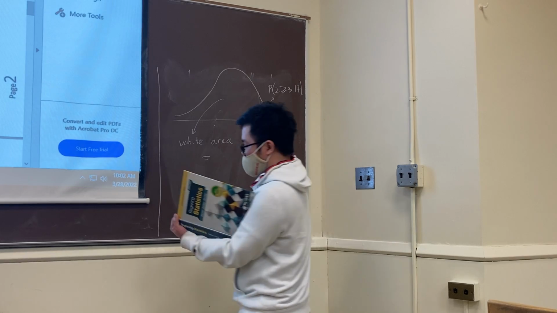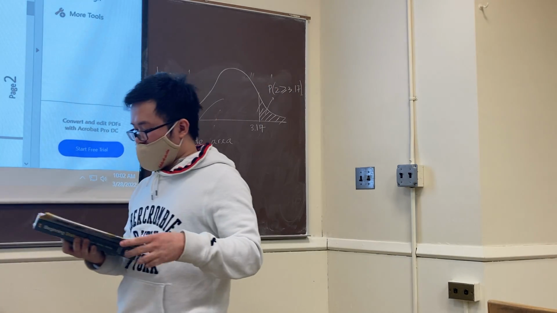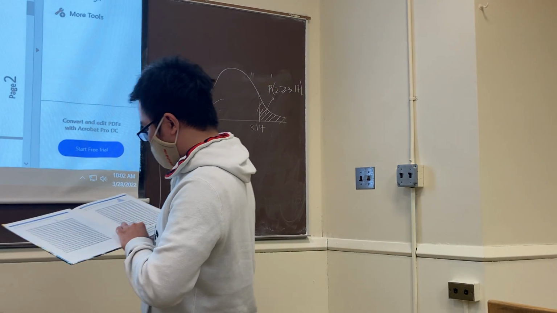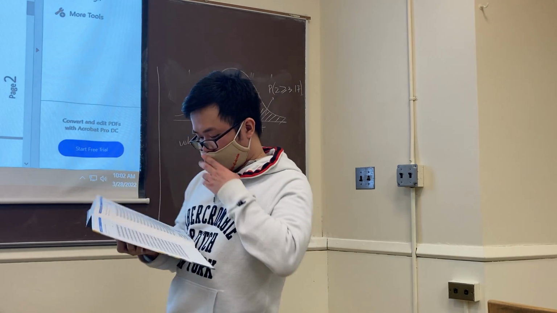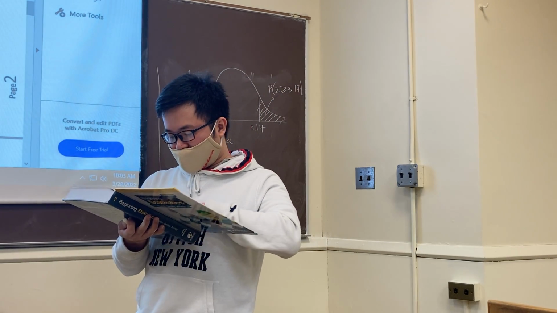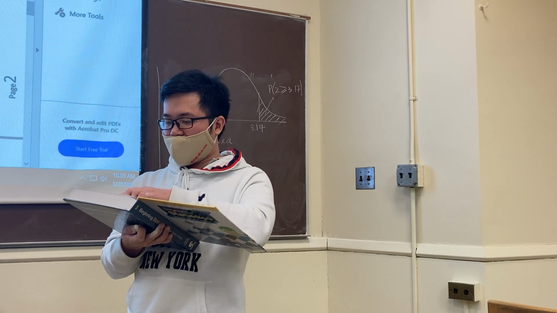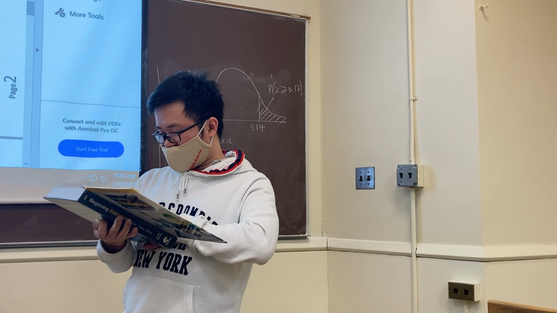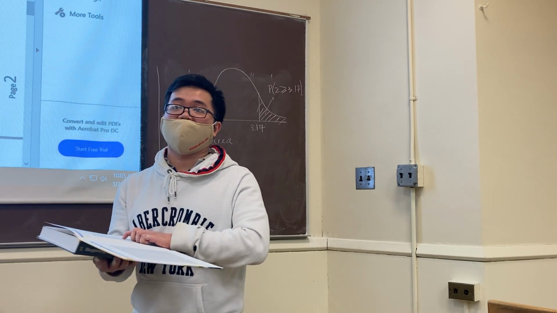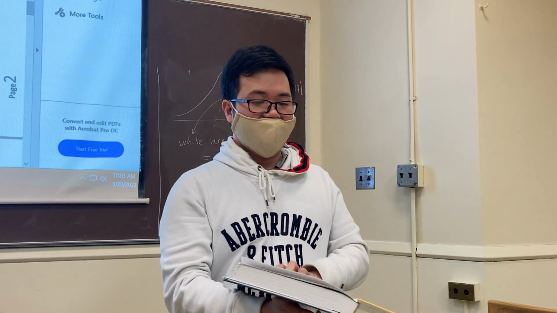So you will check the table and find 3.1 and 7. Anybody tell me what is the value of these areas? You don't have the table, okay.